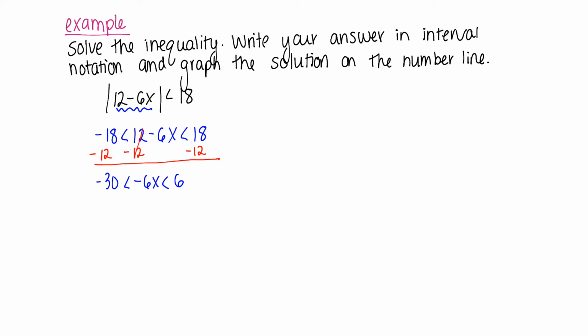To get the x by itself, we do need to divide by negative 6. And something weird is going to happen. So when you divide by a negative, you have to flip the direction on both of these. Negative 30 divided by negative 6 is positive 5. Here we just have x because these cancel. And here we have negative 1.